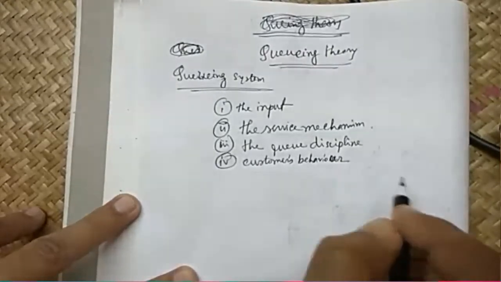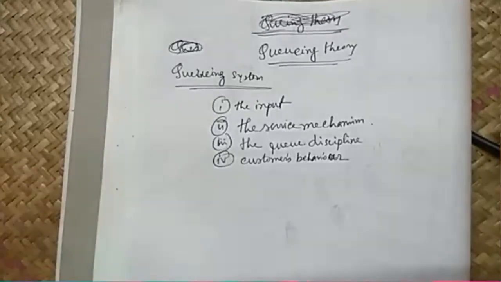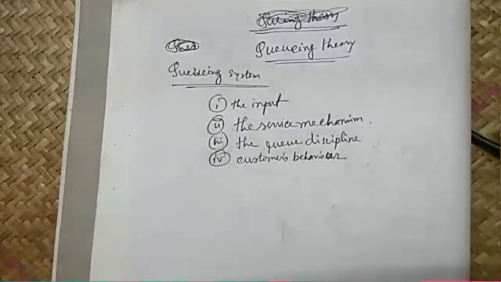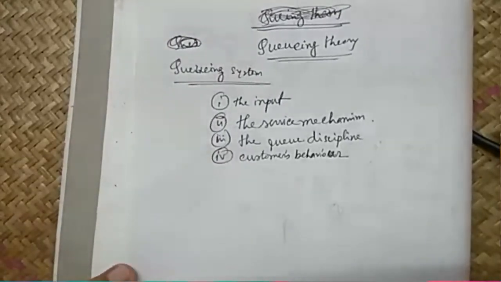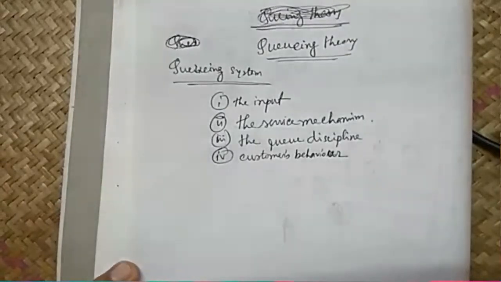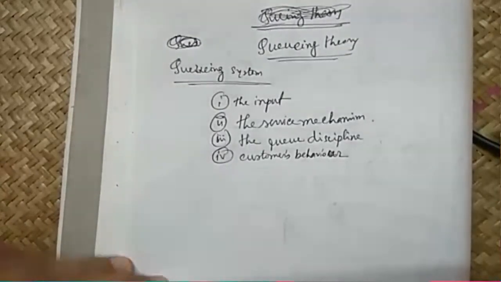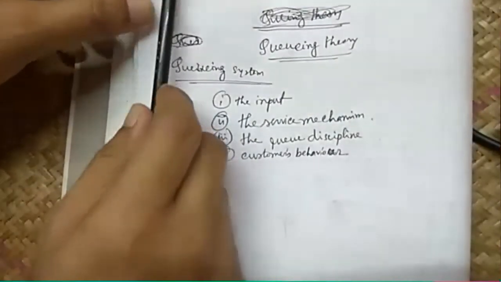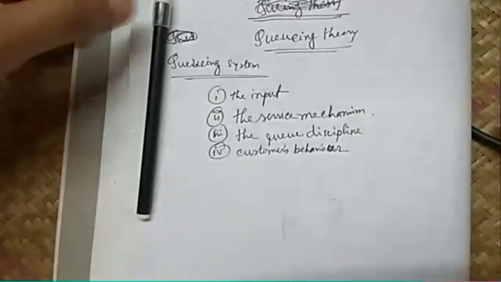These are the four important things which this queuing system consists of. We have already discussed the input.